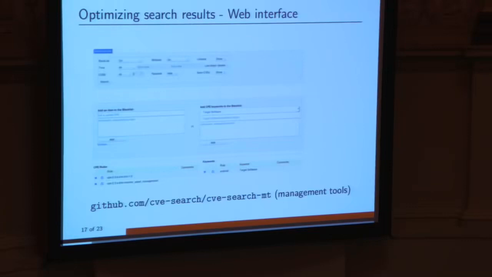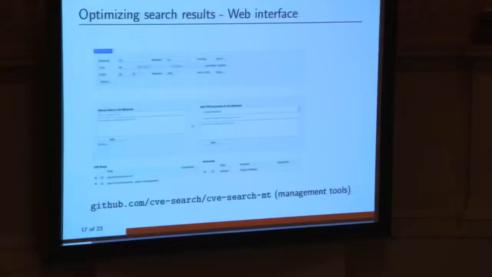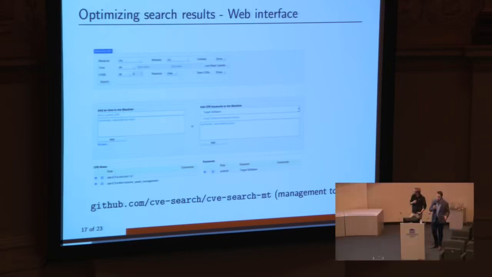If you want to go a bit more specific or more generic, you can do that as well. On the right, you can see the target software, for example, applications running on Android. At our company, we don't use Android, so we are not interested in the hundreds of vulnerabilities on Android applications. So we just blacklist all applications running on Android.